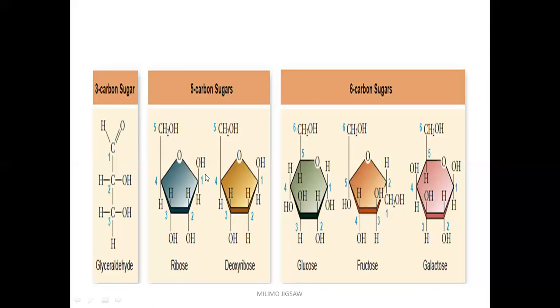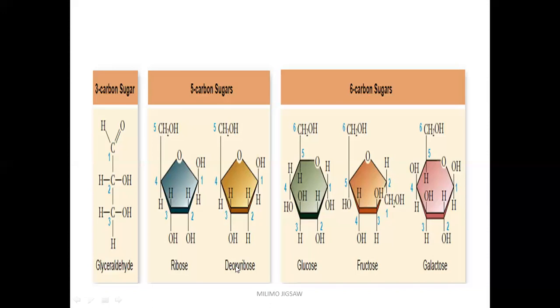Another example we have is the pentose sugars, ribose and deoxyribose, in their ring form. I'm going to look at how these ring forms are formed as we continue with the lesson. However, we have the numbering also in the ring form. So we have number 1 there, number 2, number 3, number 4, and number 5.